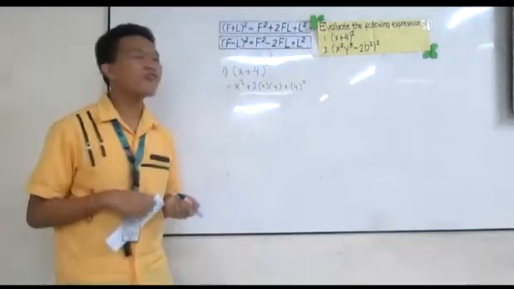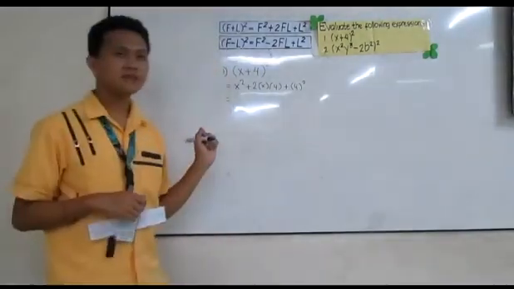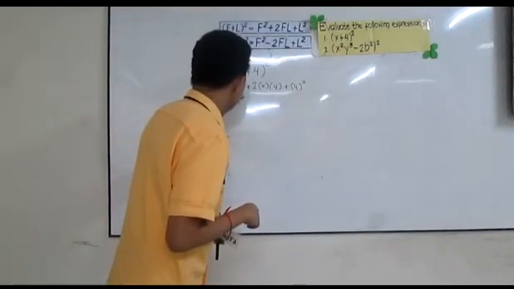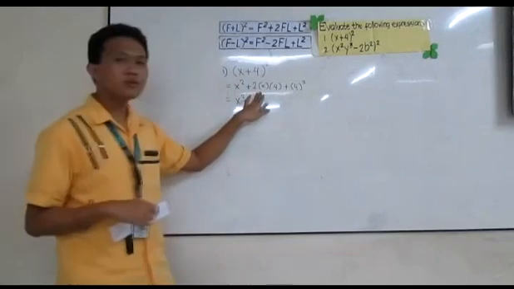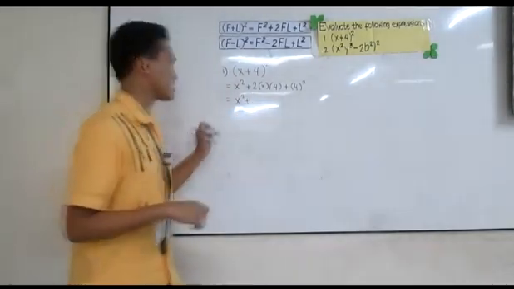Now let's simplify our expression. x squared, just copy. 2 times x, 2x, times 4, 8x.